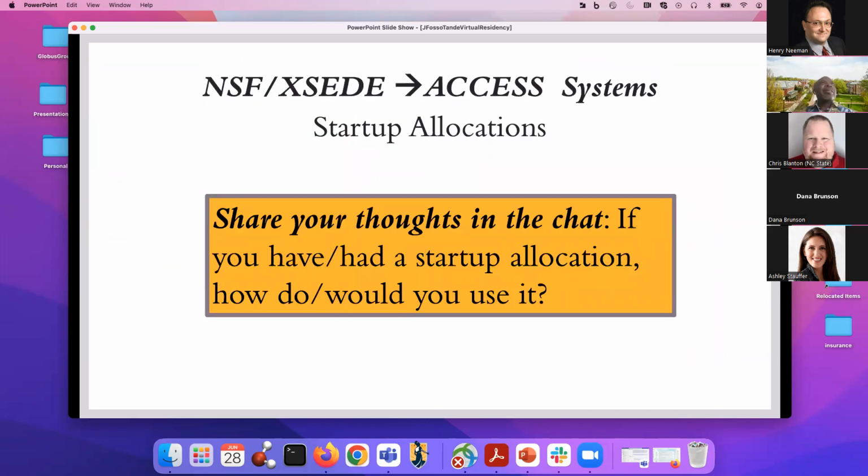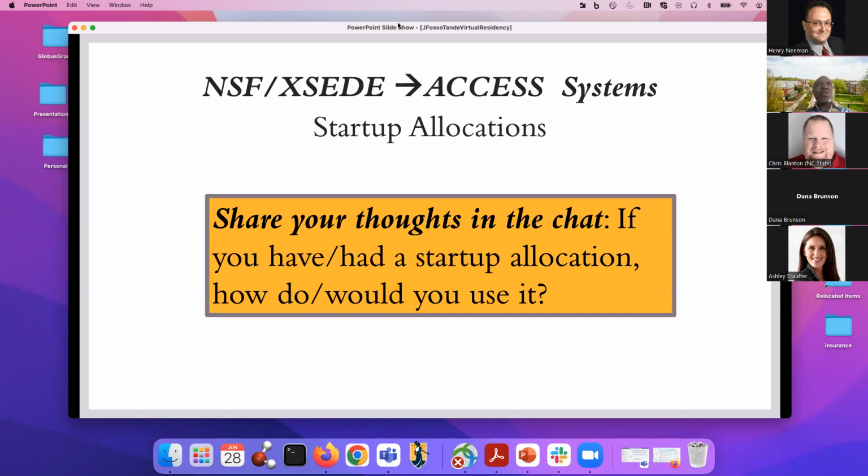So regarding the startup allocation, share your thoughts in the chat if you have or had a startup allocation. How do you or would you use the startup allocation? For me, my startup allocation, especially the campus champions allocation, is a great way for me to explore the various systems that are available. I have access to a number of them. I will go into each of the allocations, see what type of software they have, what type of system is available, type of memory.